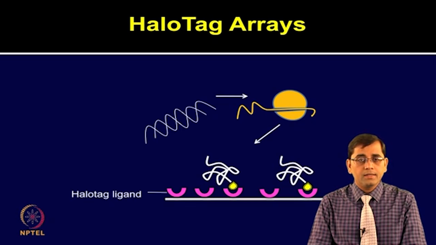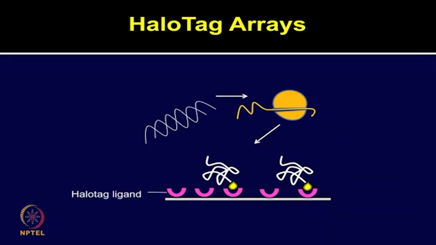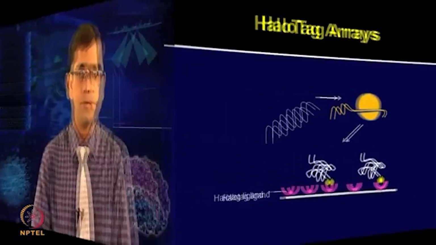In protein arrays, one needs to perform several washing steps. If the proteins or the molecules are bound on the surface with very strong interaction, then there will be minimal loss from the surface, which can be achieved in this case by using halotag system.